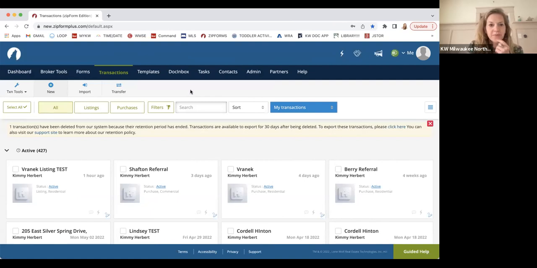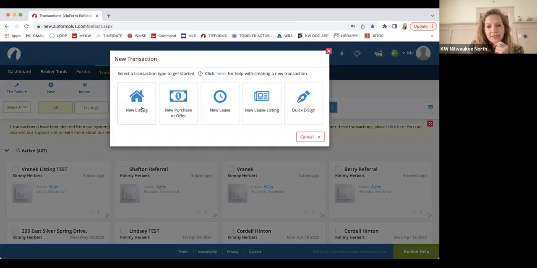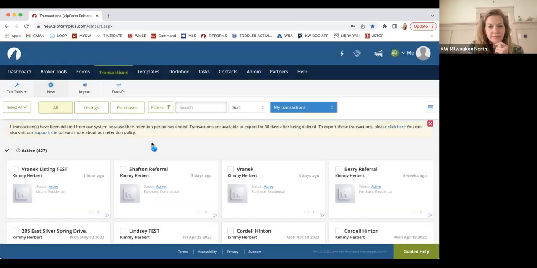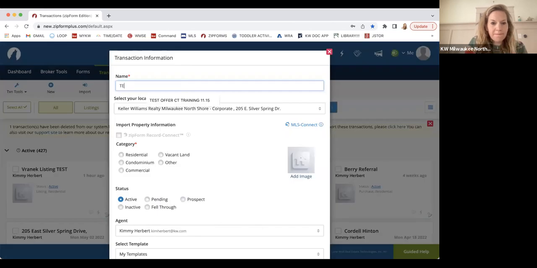Okay, so when you log into zip forms, again, you're led straight to the transactions tab. You'll hit new. And then instead of doing new offer to purchase, you're going to go to new listing. You'll name your folder. Usually I'm just labeling it by the address.